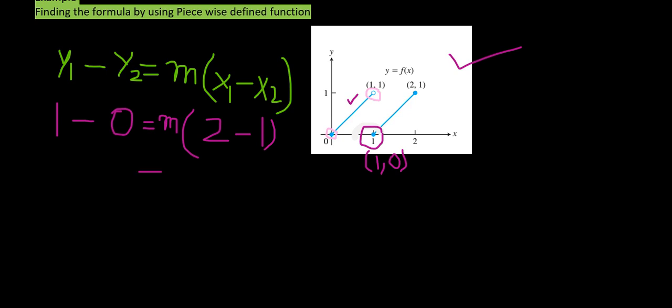And from this you can see that after subtracting we will get 1. Again our slope is 1.